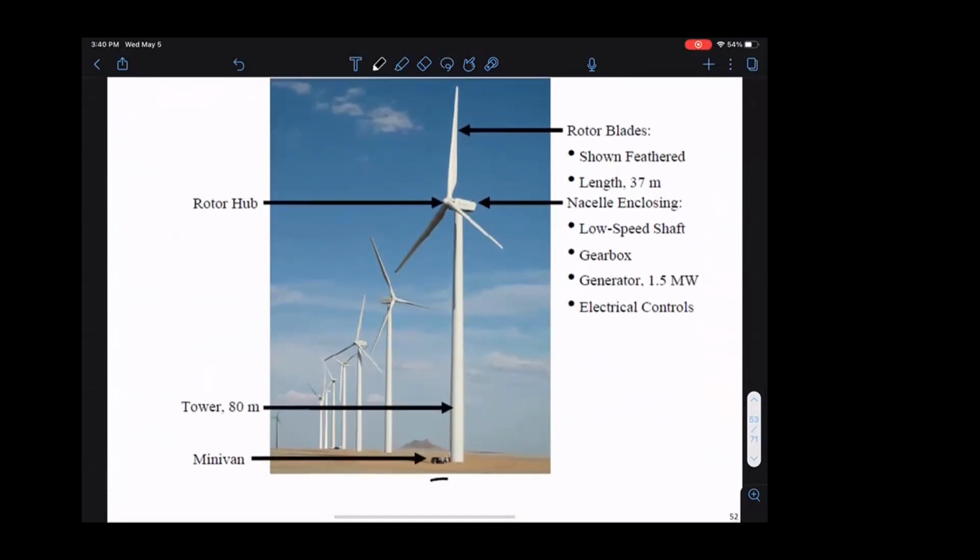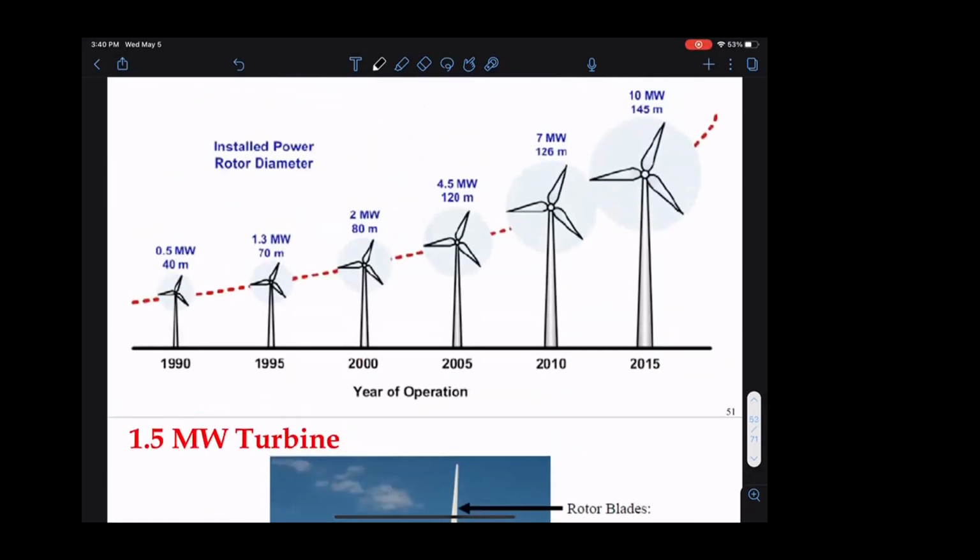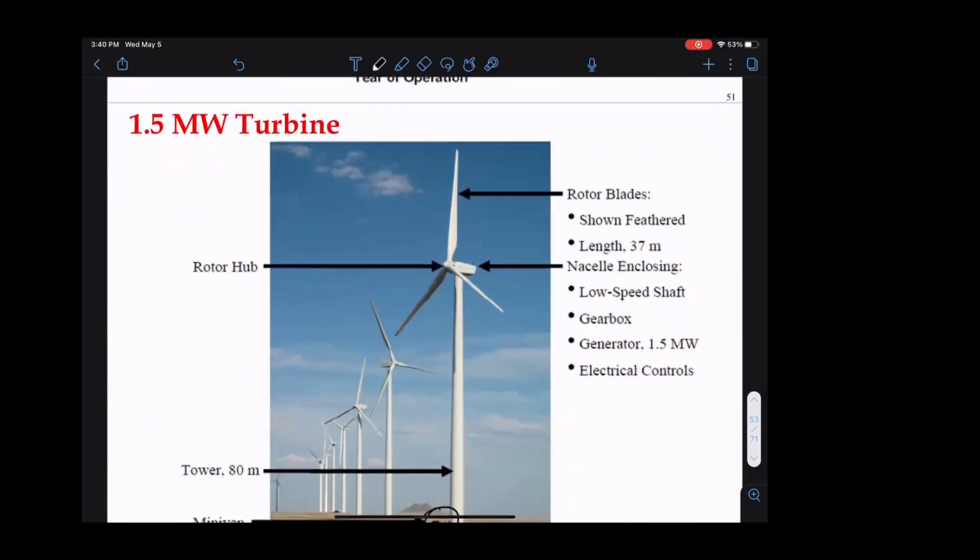So we are here, this is a minivan, and this is the size of a minivan versus the turbine. This is the tower and the blade size. And this is not a large turbine. This is only a 1.5 megawatt turbine. So imagine how large a 10 megawatt turbine looks to us.